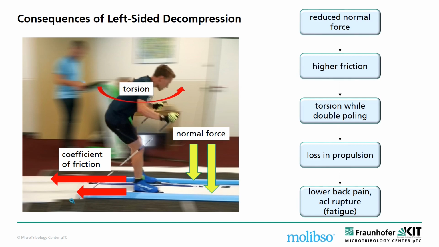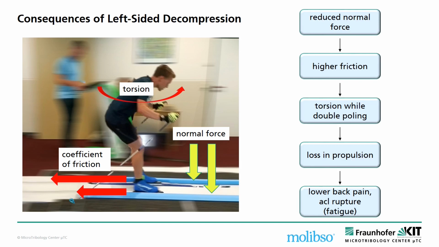And so when he double poles, he feels a torsion of his upper body because his right ski moves better than the left one. In summary, reduced normal forces result in higher friction. Higher friction causes torsion while double poling. This, of course, leads to a loss in propulsion.